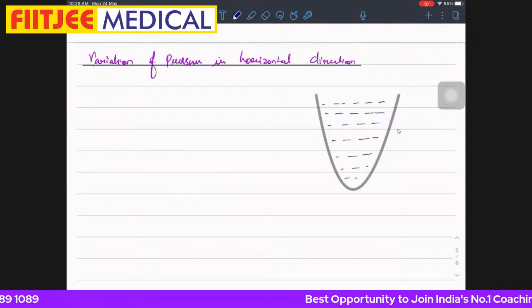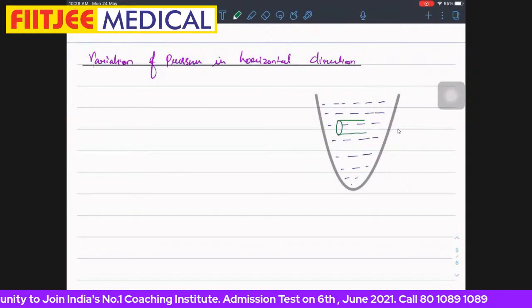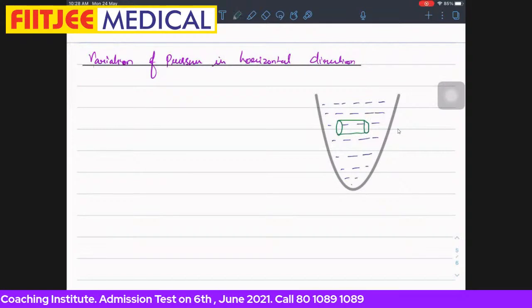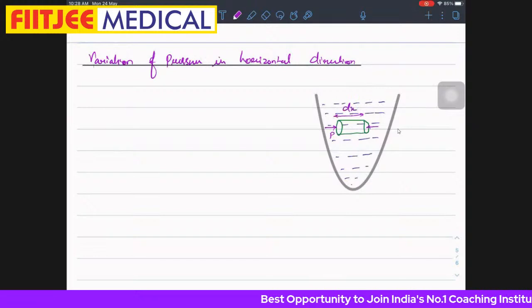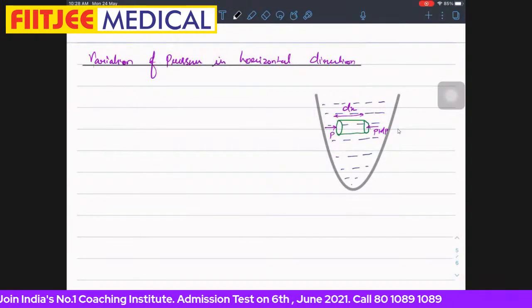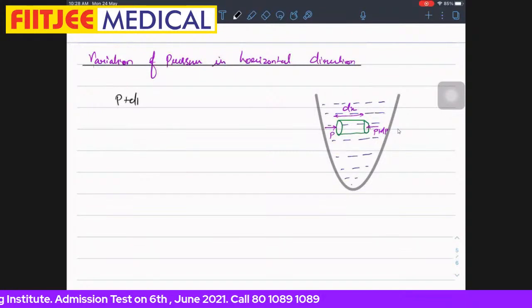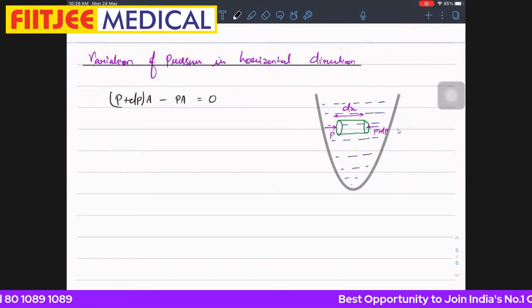So again, we will take a small element in the form of cylinder. So if I say here pressure is P, so suppose this length is dx. So here pressure will become P plus dP. So what I can write, P plus dP into A minus PA will be equals to what? 0. Net force should be 0 because it is at rest.